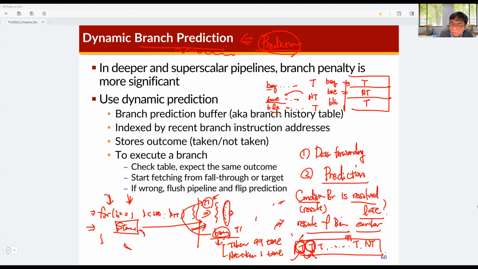We need to store the previous result of each branch instruction. So how can we identify this branch instruction? How can we identify different instructions in our processor?